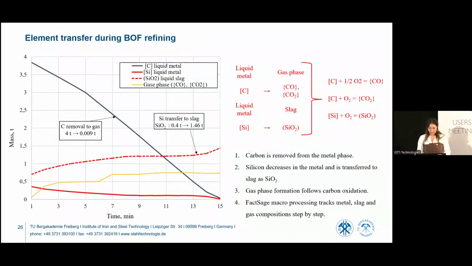On the one hand, elements disappear from the liquid metal. On the other hand, products appear in slag and gas phases. And this is the main advantage of the FactSage workflow. It does not only give one final result, it follows how the system changes with time.